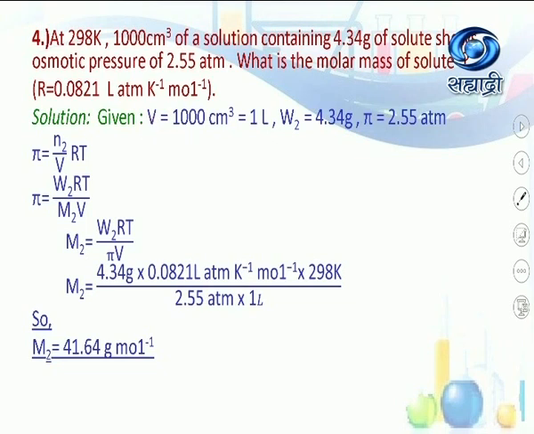Volume is given in centimeter cube. So 1000 centimeter cube, cc, which is as good as ml. So 1000 ml. So how much liter? 1 liter. W2 is mass of a solute. How much is it? 4.34 gram. Pi, osmotic pressure, how much is it? 2.55 atmosphere.